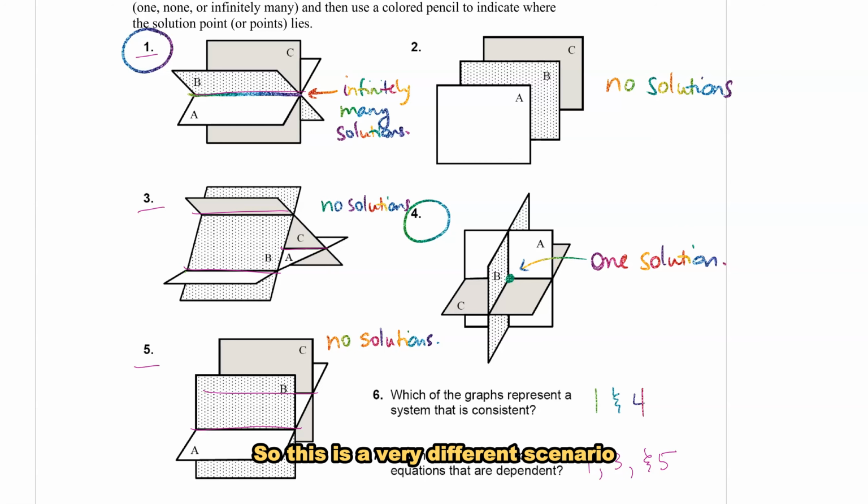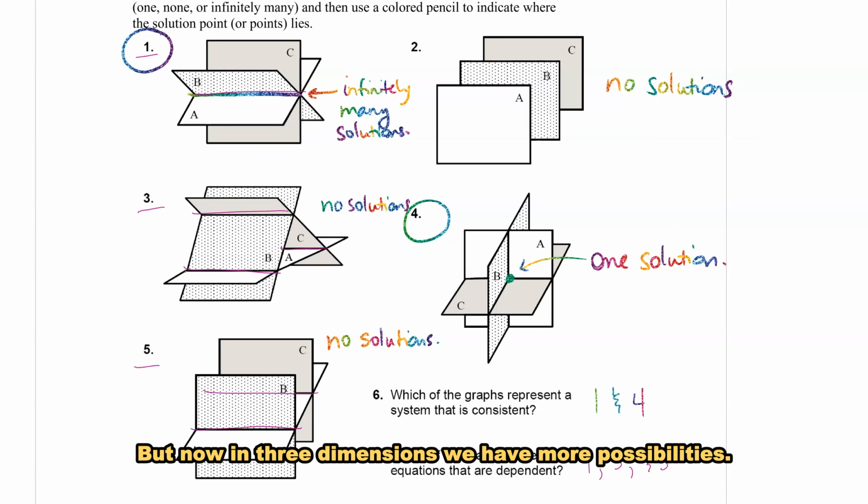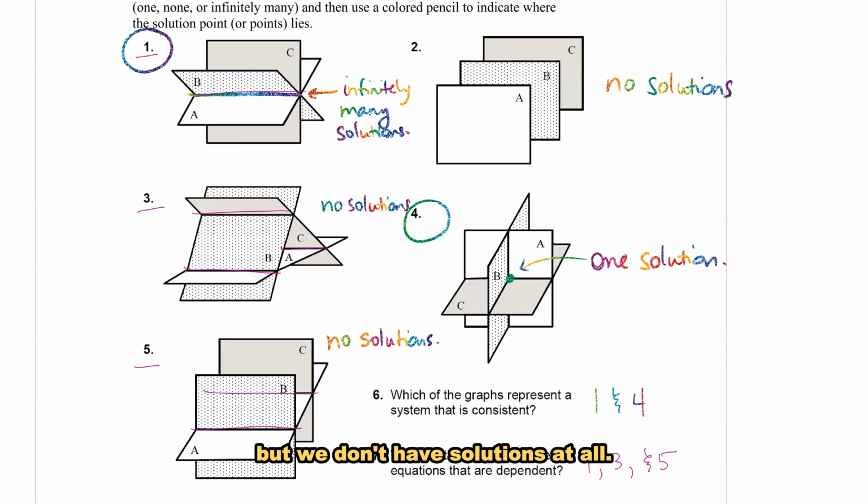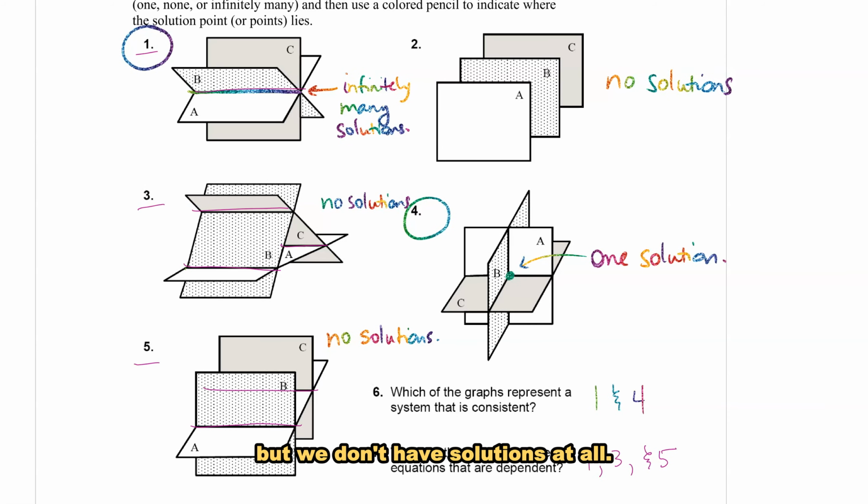So this is a very different scenario than our 2 variable systems. In our 2 variable systems, if we had dependent equations, we also had a system that was consistent because we had infinitely many solutions. Those 2 lines were overlapping. But now in 3 dimensions, we have more possibilities. We could have a situation where our equations are dependent, but we don't have solutions at all. Next up, we'll look at how to solve these systems.